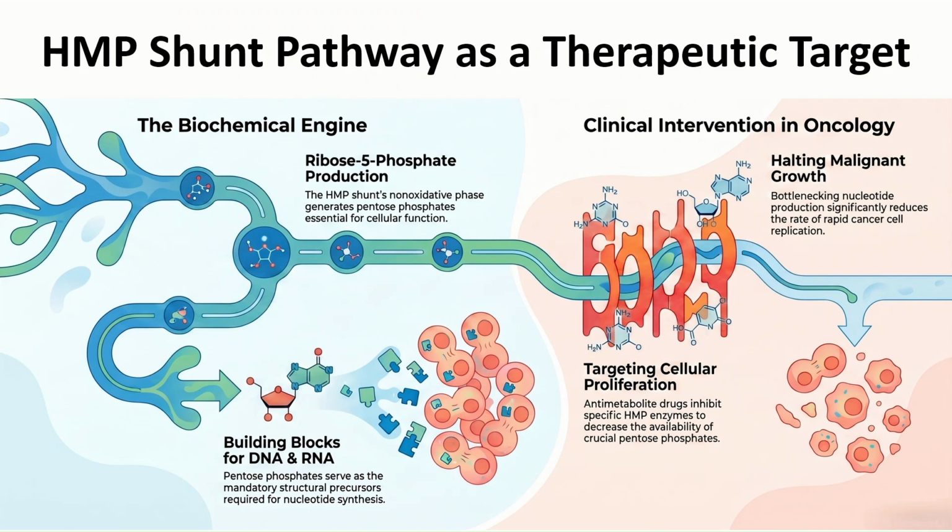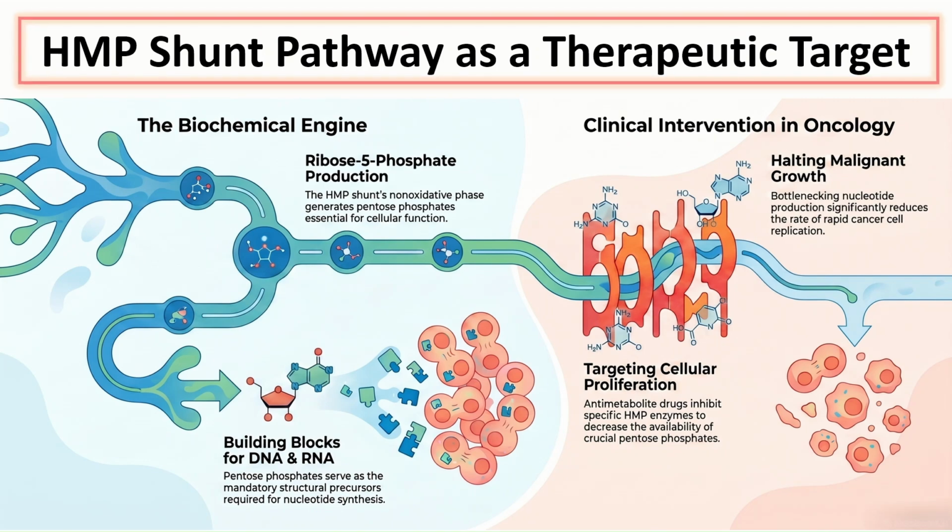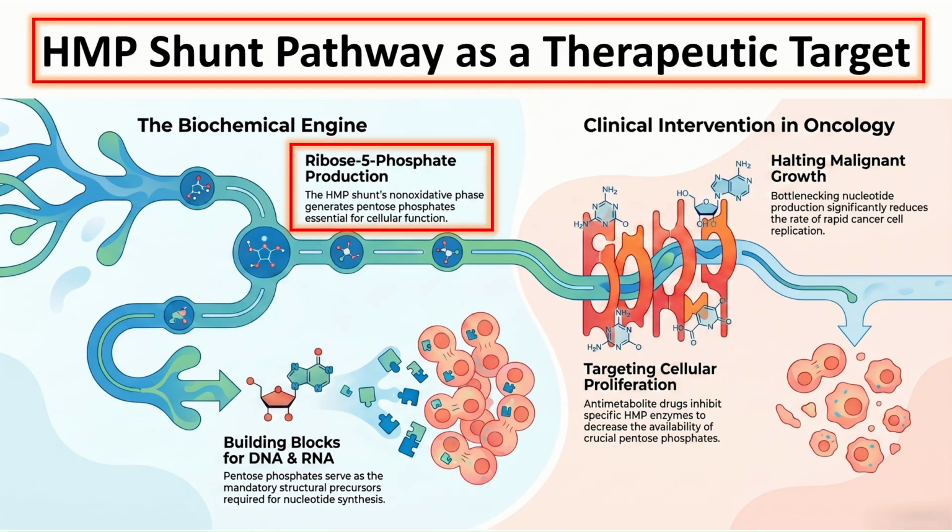Now, HMP shunt as a therapeutic target. The HMP pathway provides essential pentose phosphates, primarily the ribose 5-phosphate. These pentose phosphates are the fundamental building blocks of the DNA and RNA synthesis. Rapidly dividing cells, such as malignant cancer cells, have high demand for DNA and RNA synthesis to support their continuous growth and replication.